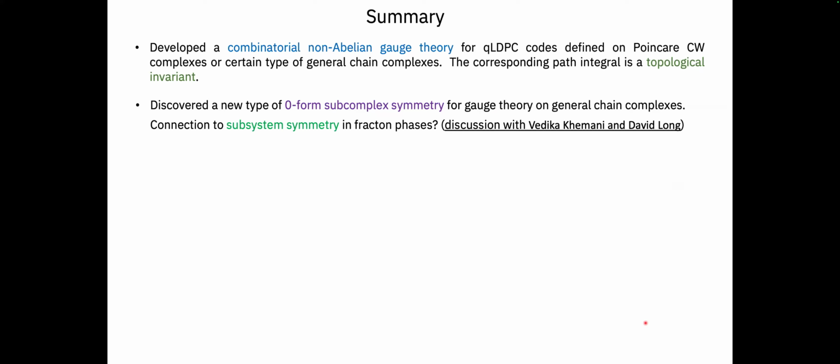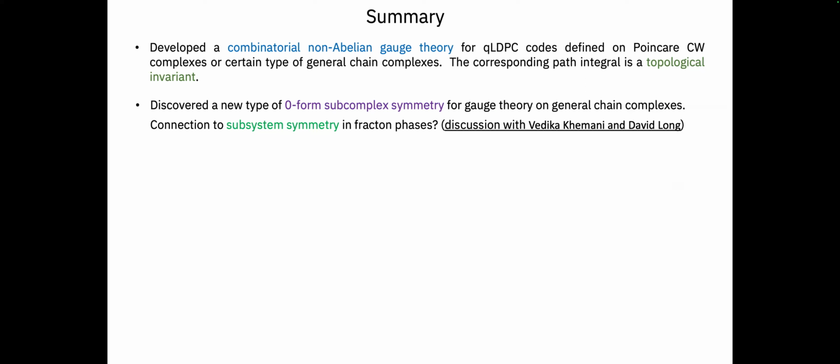And in fact, you might feel that this subcomplex symmetry is very similar to subsystem symmetry. They are both rigid and they act on some subsystem of the underlying space. And I think when I discussed with Vedika and David, they told me there's some construction that is essentially equivalent to the subcomplex symmetry.